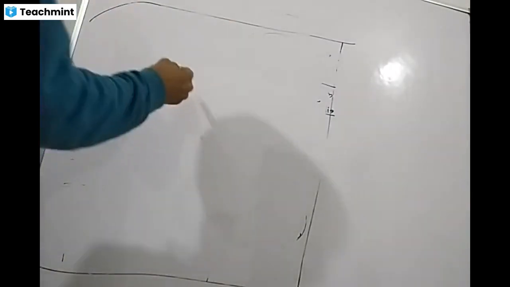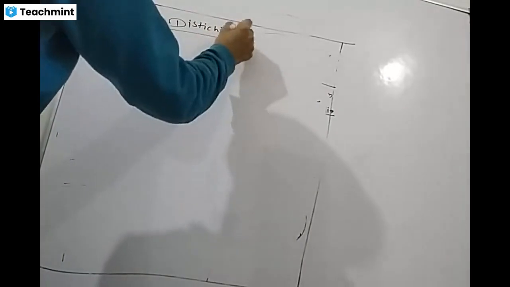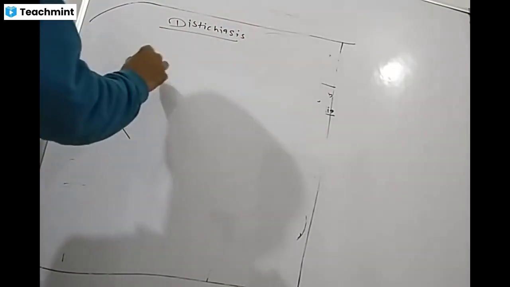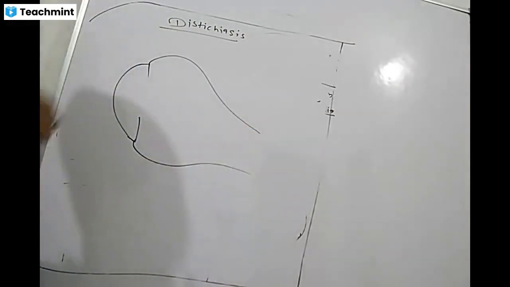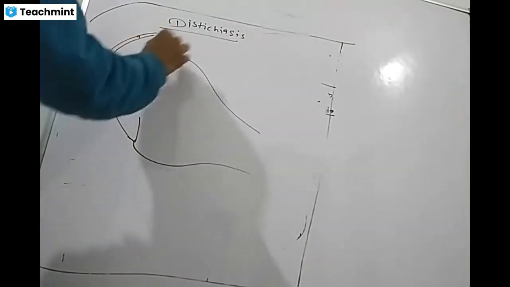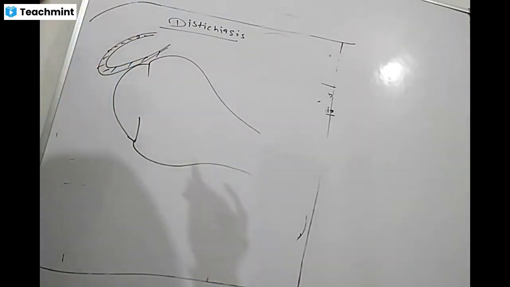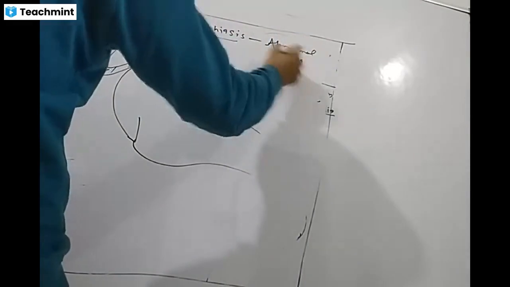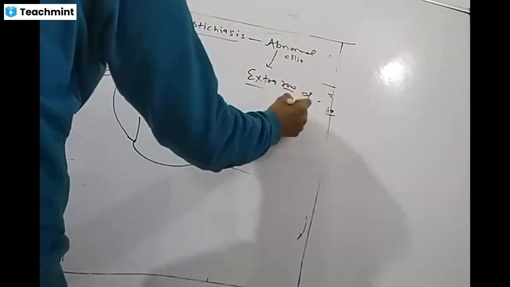First is distichiasis. This is the cornea, iris, and this is your eye. This is your eyelid. Distichiasis means we have abnormal cilia. What is abnormal? There is an extra row of cilia.